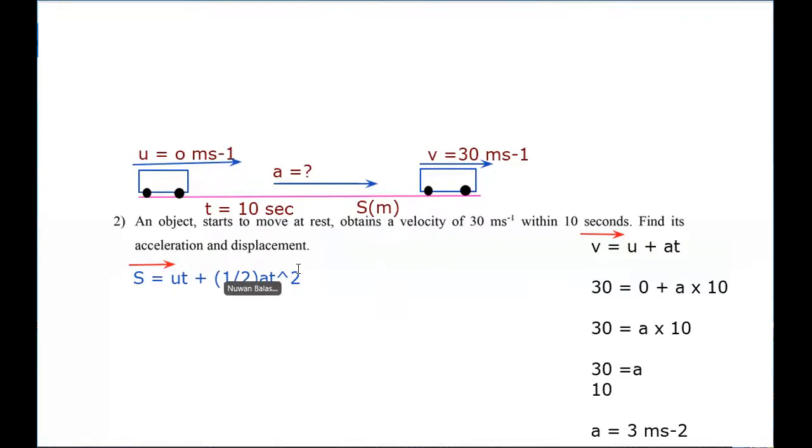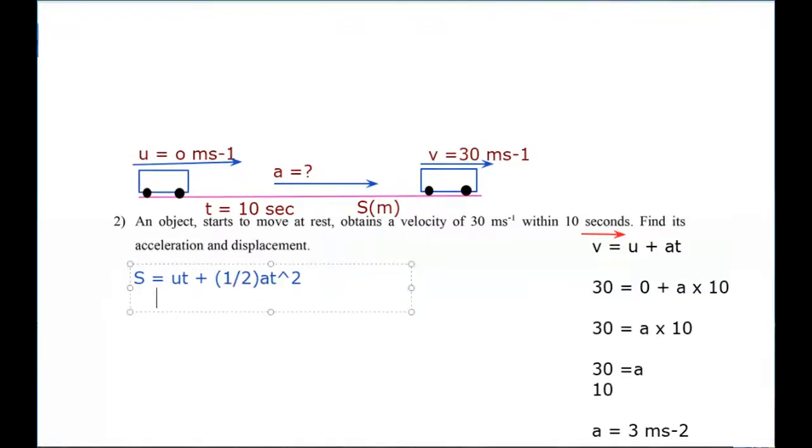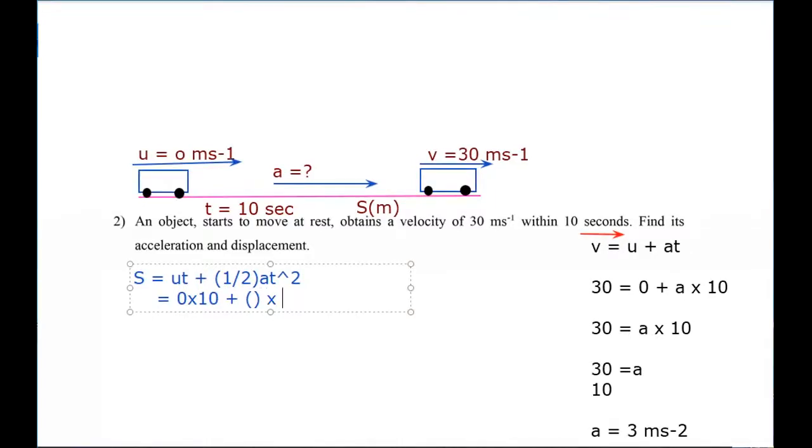So if we apply this equation, S equals ut, u is 0, time taken given as 10 seconds, plus half acceleration we found. We found the acceleration as 3. Time is given as 10, but we must take square of the time, right? So this is just half.